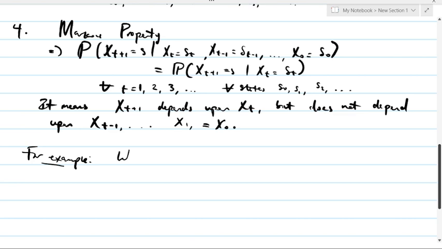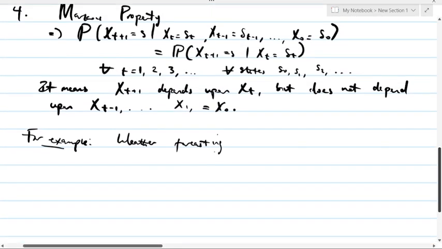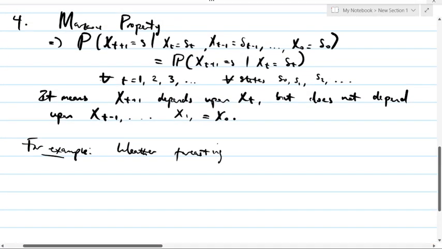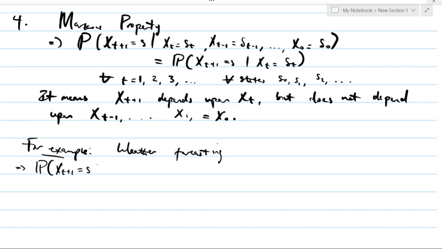For example, let me do weather forecasting now. So for the Markov property, we have the probability distribution of the weather condition tomorrow.